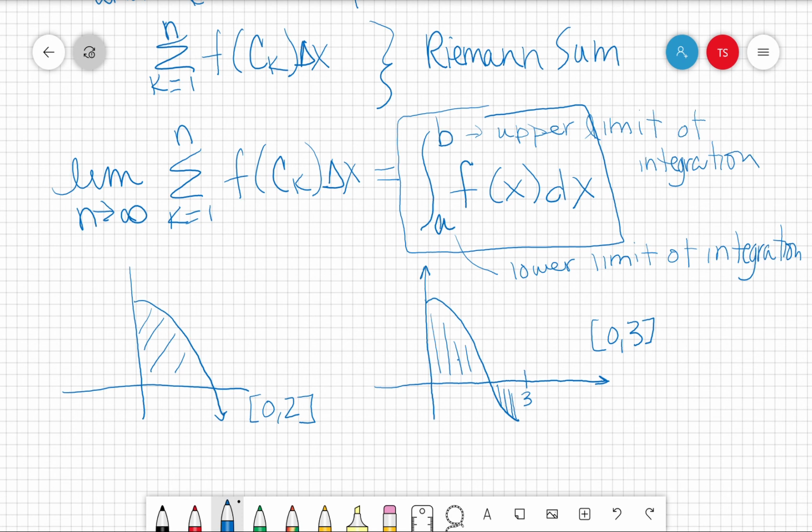So it only requires that the function be continuous, not that it be positive. When you're calculating the area, you want positive values. But for a definite integral, you can calculate this just based on the same way that you evaluated the Riemann sum.